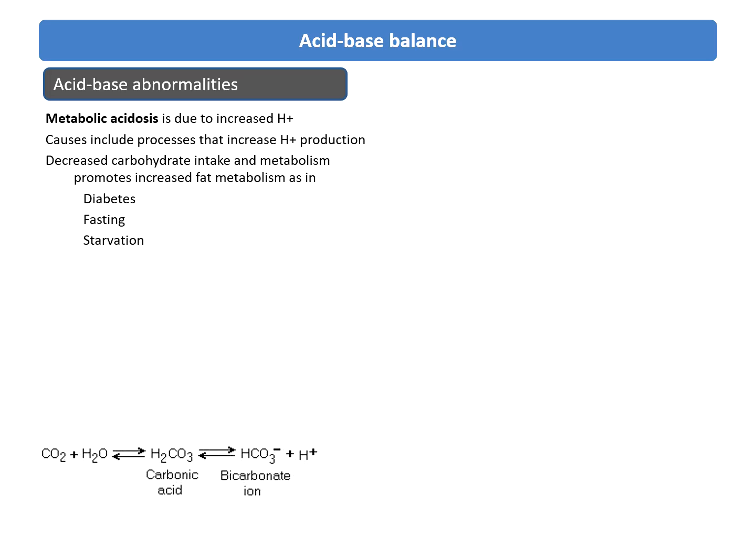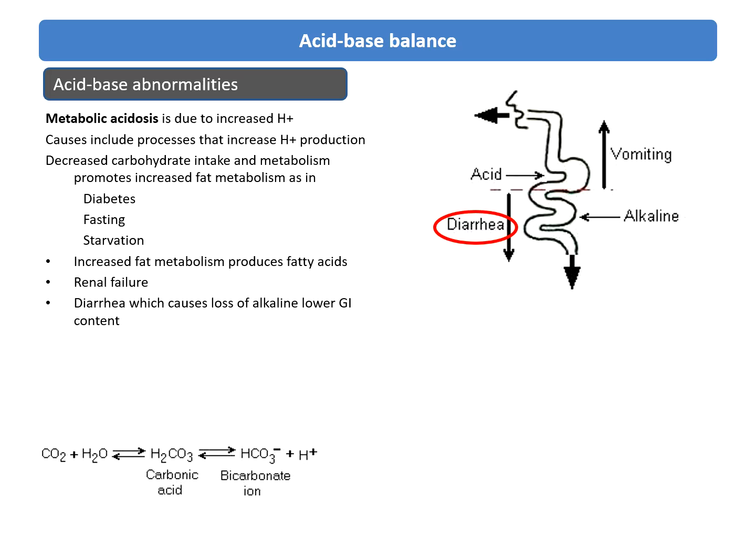Fasting, starvation. Increased fat metabolism produces fatty acids. Renal failure. Diarrhea, which causes loss of the alkaline lower GI tract contents, leaving an excess of the upper GI tract, which is rich in hydrogen ions.